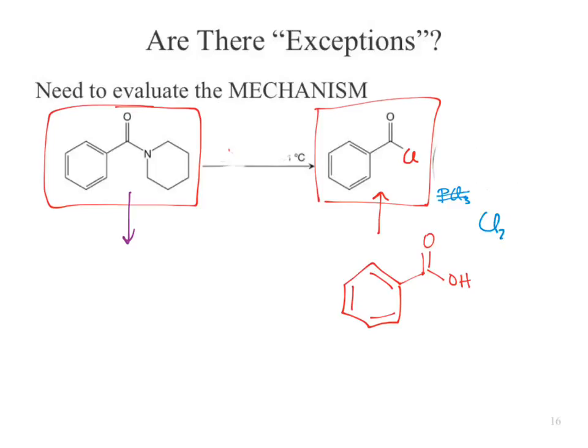Cl2 is part of the name. Thionyl chloride, SOCl2. Ouch, yeah, remember, go back and review first exam, SOCl2. Okay. SOCl2 with the carboxylic acid will get us the chloride, the acyl chloride.